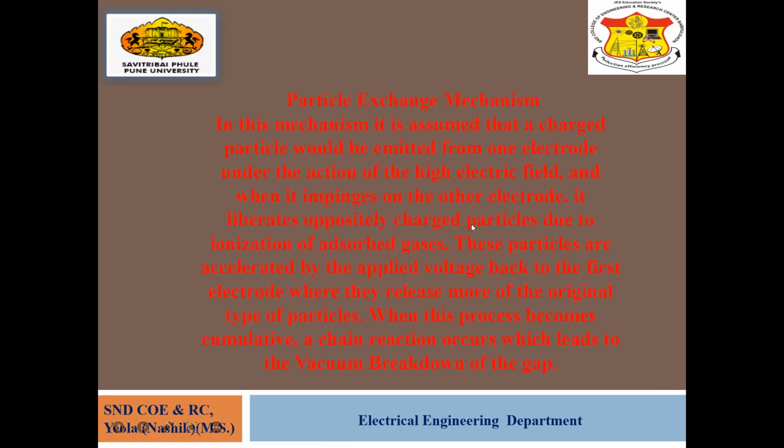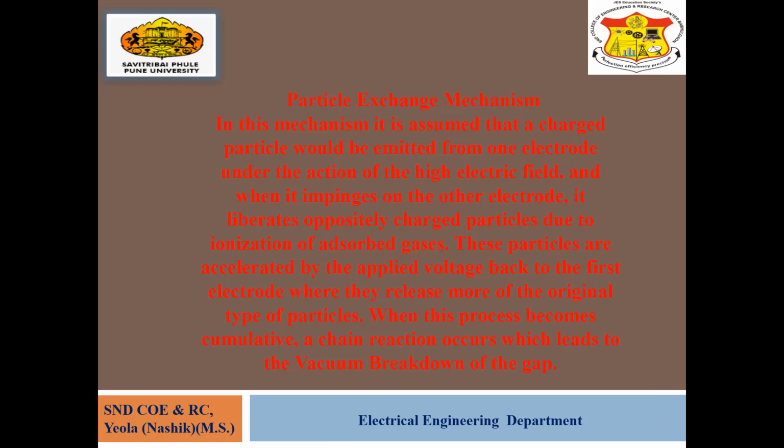Now see here, particle exchange mechanism. In this mechanism, it is assumed that a charged particle will be emitted from one electrode under the action of a high field, and when it impinges on the other electrode, it liberates opposite charge particles. Positive ions and photons are released. Due to the ionization of the absorbed gases, these particles are accelerated by the applied voltage back to the first electrode, the cathode, where there is a larger number of the original type of particles.